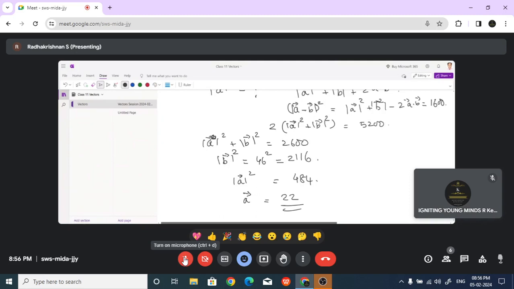I think this is the state syllabus book only. This is not NCERT book, sir. No, I'm taking these questions from the state syllabus, state board.